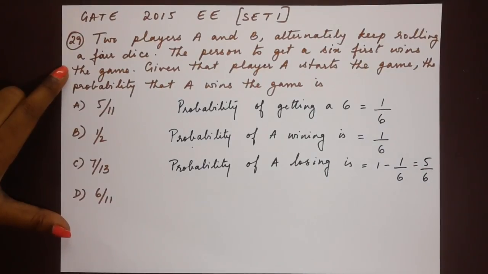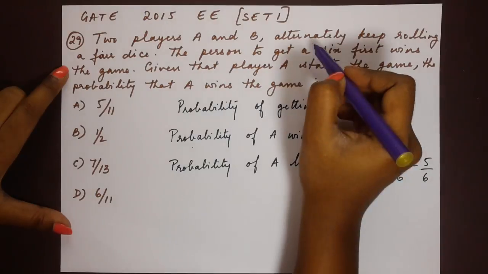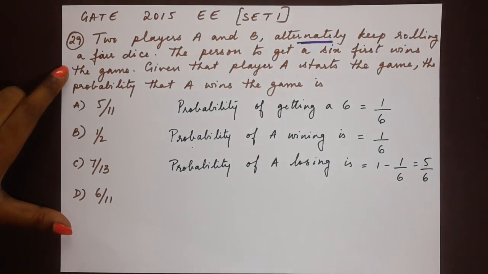Now let's look at the probability of B winning. The probability of B winning and losing will also be the same as the probability of A. So far all we are doing is calculating the individual probability. We haven't come to a point where we have considered this alternately rolling a fair dice. We'll come to that in a while, but first we are calculating the individual probability.